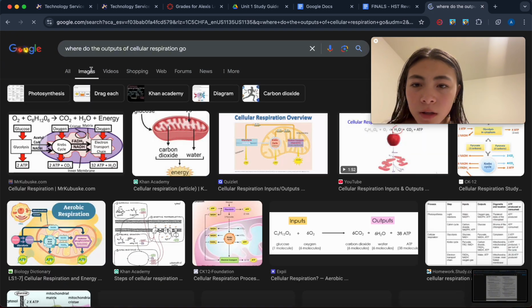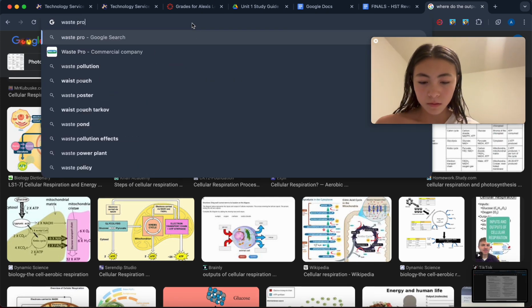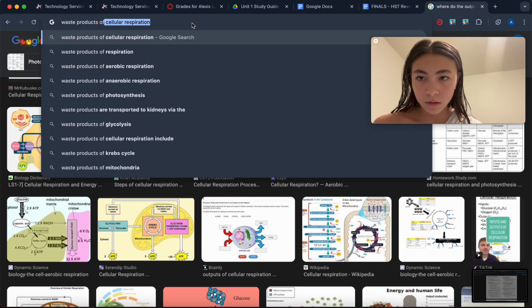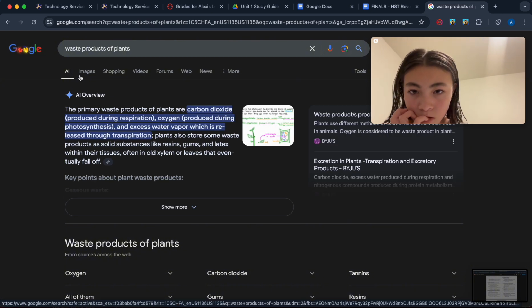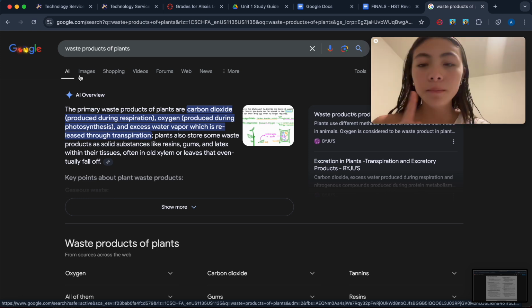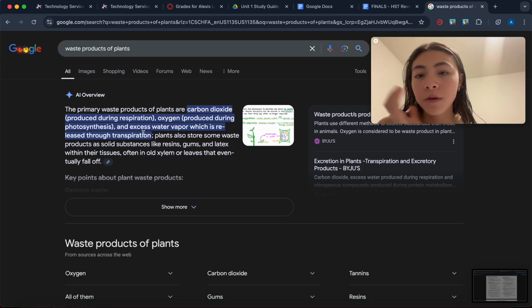Oh, plants don't poo. So as it says here, the water is released through transpiration. I don't know where the carbon goes.